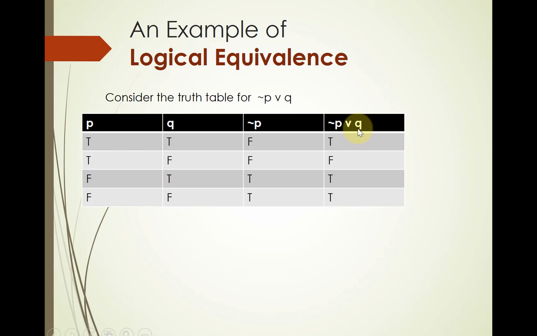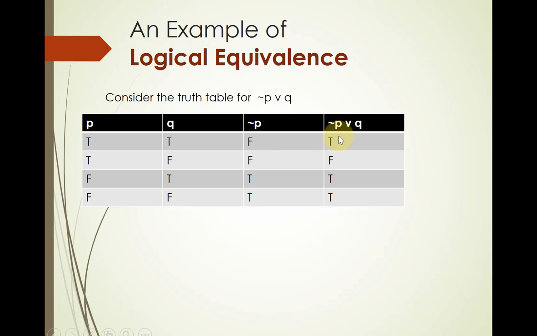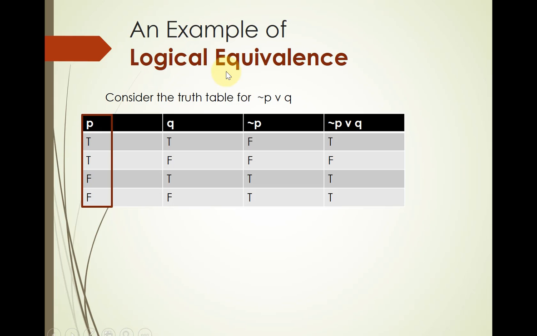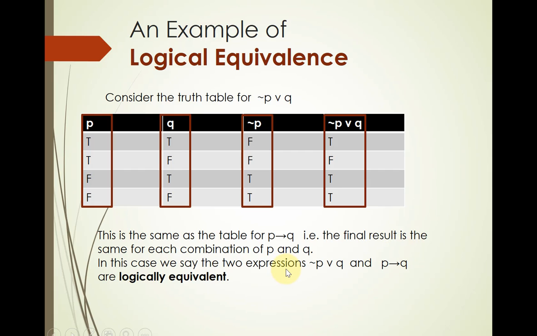So what that means is, if you have this statement, you can always replace it by this statement. Or if you have this statement, you can always replace it by this statement. This is the same as this table, i.e. the final results are the same for each combination of P and Q. We say they're logically equivalent.